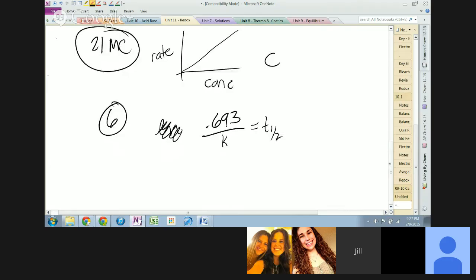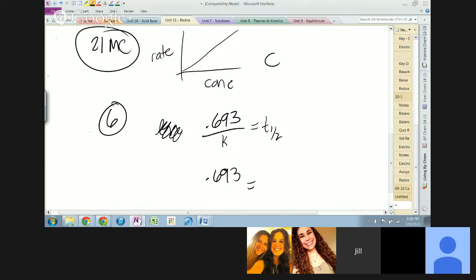So it's basically the same number. That's how they get away with asking that kind of question on the multiple choice. In number 6, you just have 0.693 equals 6930, and so then it's just moving the decimal place.